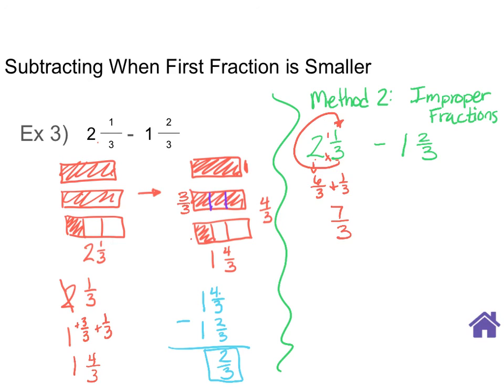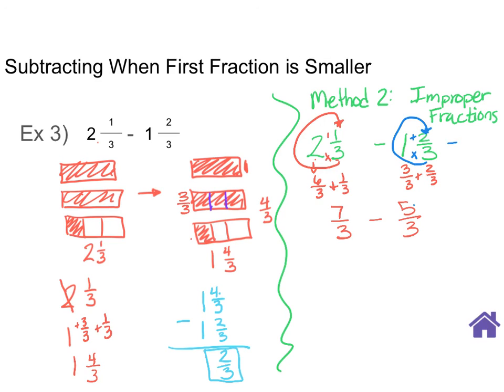And then you're going to subtract the 1 and 2/3. Well, the 1 would be 3/3 plus 2/3, and that would be 5/3. So we're going to subtract 5/3. Or you can do the shortcut method, right? You multiply the 1 times the 3, which is 3, plus 2 more is 5.